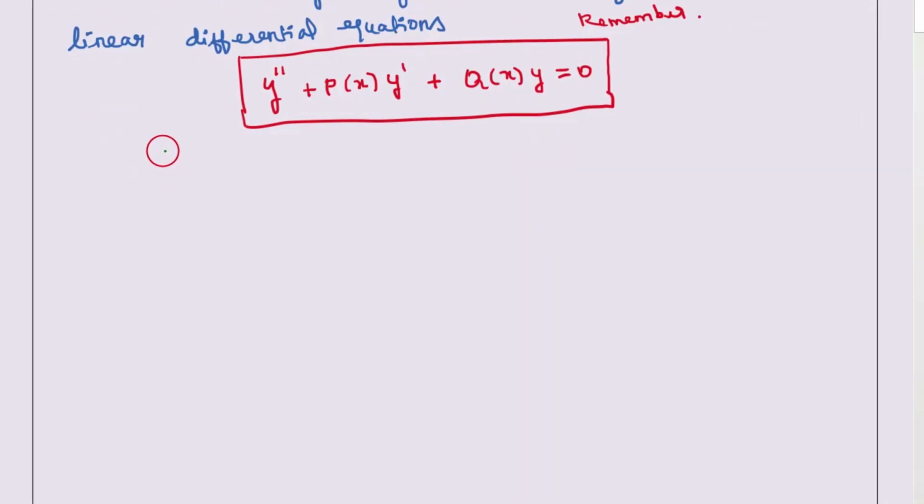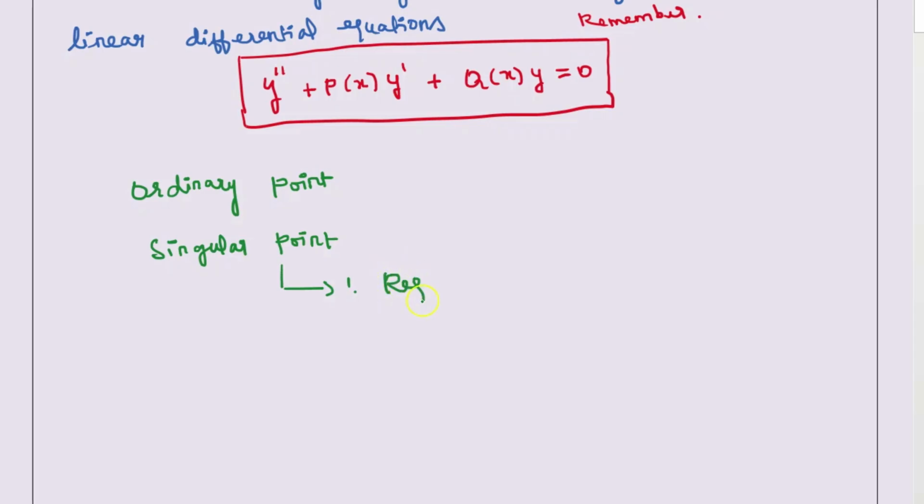Next, regarding points, there are two cases. One is an ordinary point and another one is a singular point. In the singular point there are two cases: one is a regular singular point, another one is an irregular singular point.